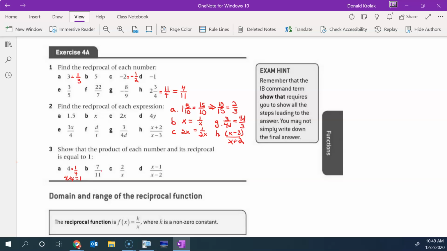So 7/11 times its reciprocal, 77/77, 1. 2/x times its reciprocal, 2x/2x, 1. So a value or an expression times its reciprocal is going to equal 1.